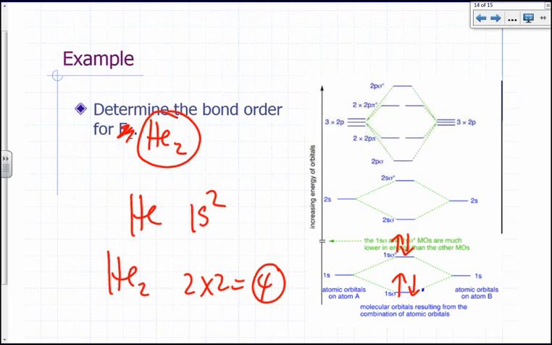So you have 2 bonding electrons minus 2 anti-bonding electrons, divided by 2. That gives you a bond order of 0. So we don't expect the He2 molecule to be stable according to molecular orbital theory.